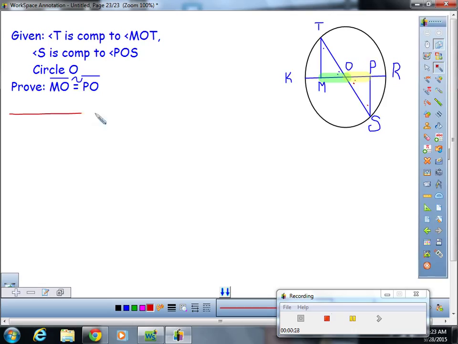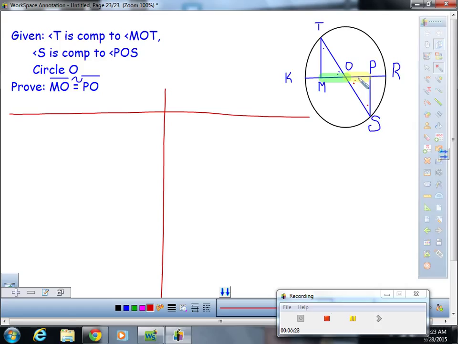All right, look, what you want to do is start working backwards on this. So, how could I prove that these 2 parts are congruent to each other? Well, I could prove that the triangles are congruent to each other. And if the triangles are congruent to each other, then their parts will be congruent by CPCTC. Okay, well, how could I prove the triangles are congruent to each other? Well, I know that OT and OS are radii, so they're congruent to each other.